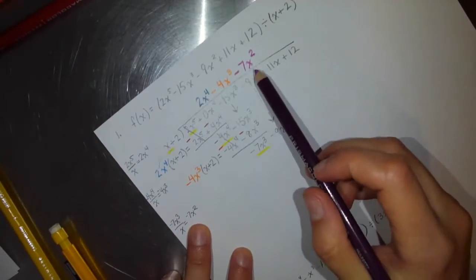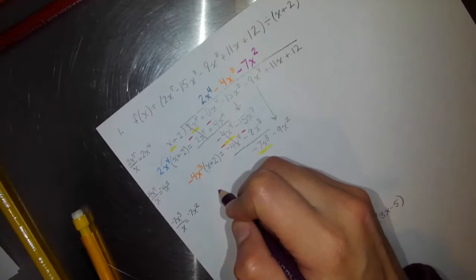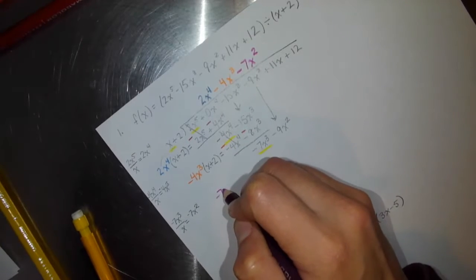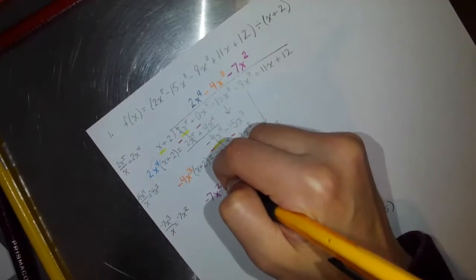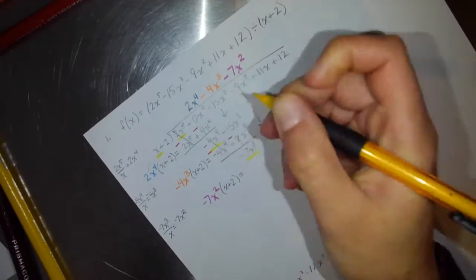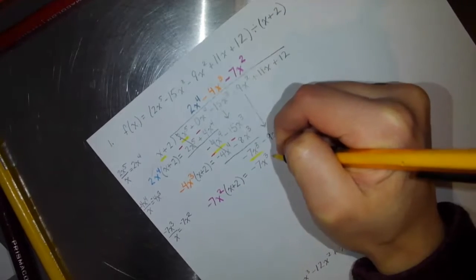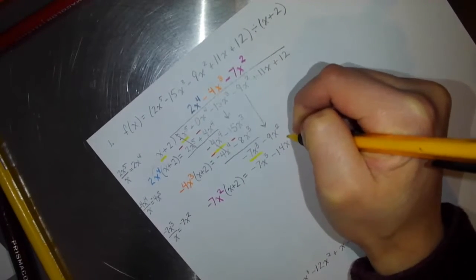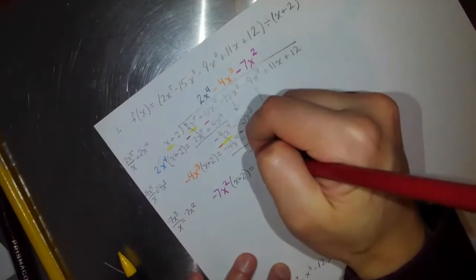Okay, now I'm going to multiply this by what I'm dividing by. So I'm going to go over here, negative 7x squared times my x plus 2. When I distribute, I'll get negative 7x to the third minus 14x squared. And then now we are subtracting.